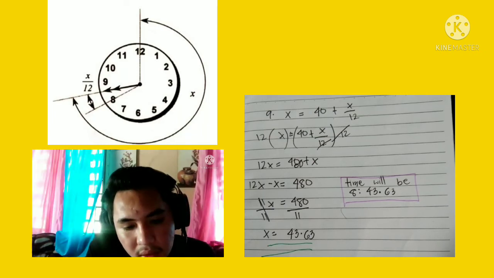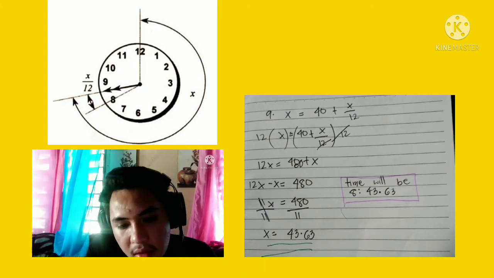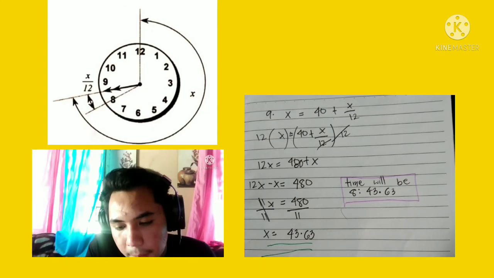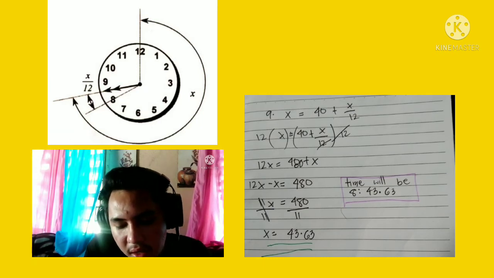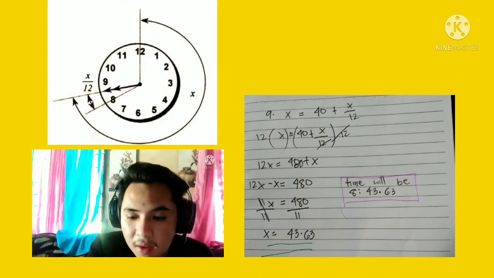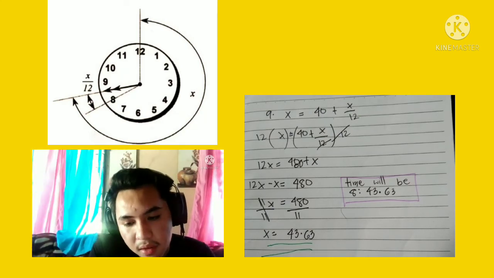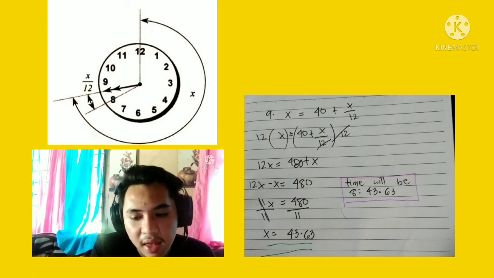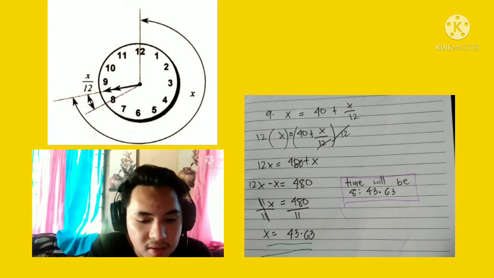So x equals 40 plus x over 12, because we have 40 minutes from 12 to 8, and every time the minute hand completes 12 dials, the hour hand moves one dial. Thus, if the minute hand moves by x, the hour hand moves by x over 12.